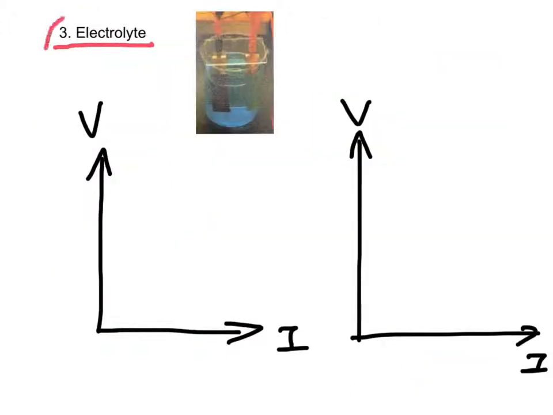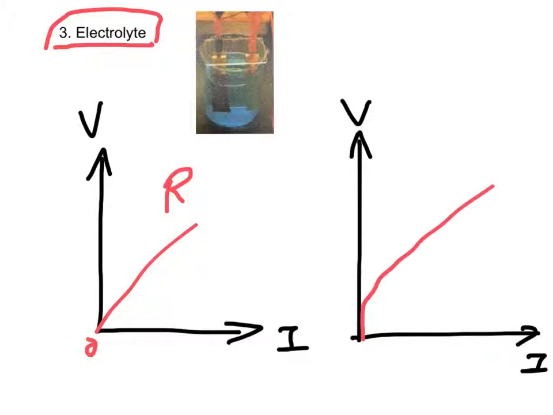For electrolyte (電解質), for one kind of electrolyte, the VI graph is a straight line passing through the origin. That means it obeys Ohm's law with constant resistance. For another kind of electrolyte, the VI graph is something like this one, which means that V is not proportional to current.